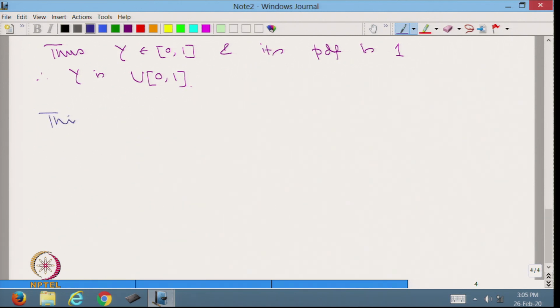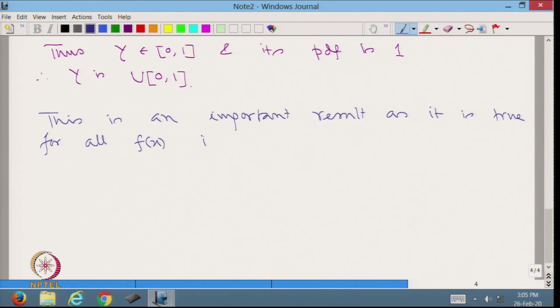This is an important result as it is true for all f x irrespective of its form. Now, some of you may doubt whether this result is correct or not. So, let me prove it in a different way.